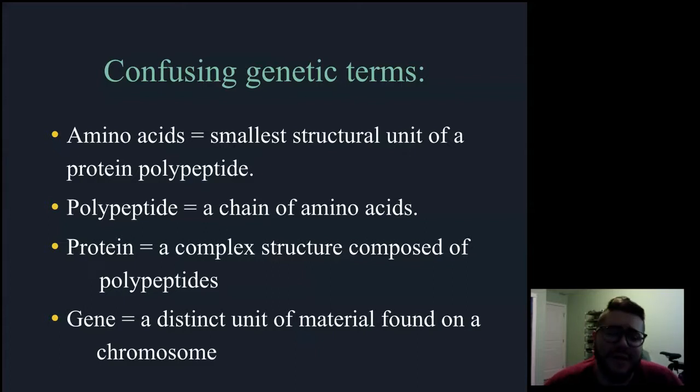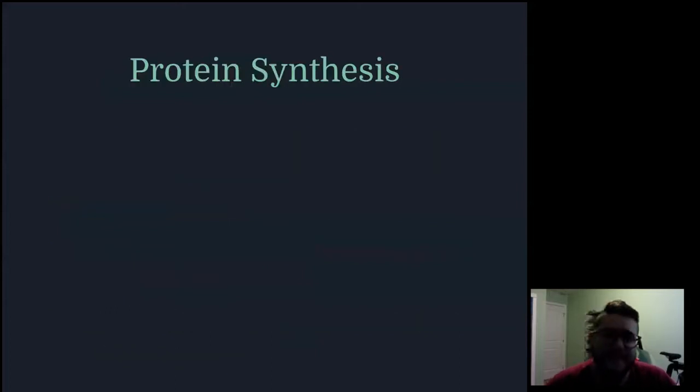And then a protein is a complex structure, often composed of multiple polypeptides folded and shaped into a specific structure. And then a gene is a distinct unit of DNA found on a chromosome, right? So it's a distinct little segment of that chromosome.